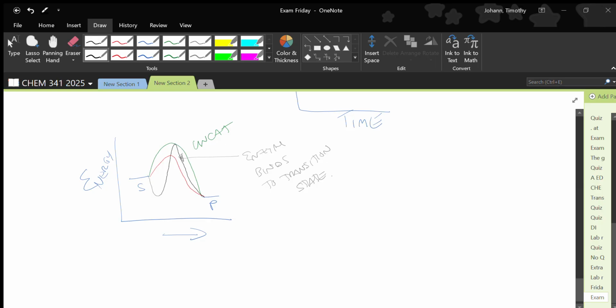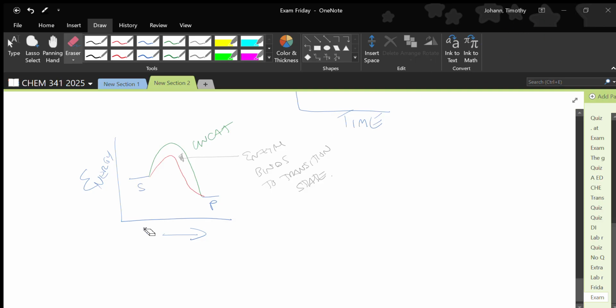So if you bound tightly to the substrate, you'd make a little complex here with the enzyme and the substrate. You'd stabilize the substrate. You make this hill higher to get over. Does that make sense? Okay, so the enzyme has to bind very tightly to the transition state for this to work well. And so then let's go look at that test.